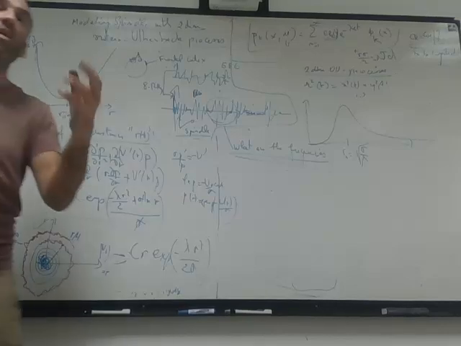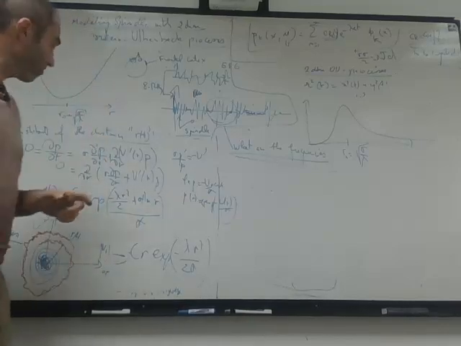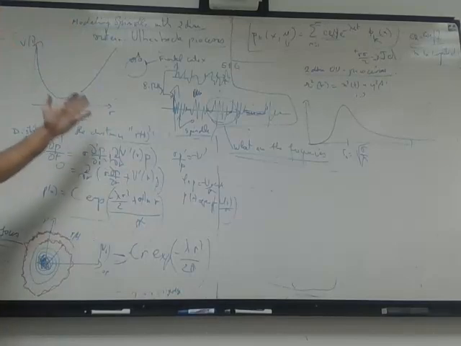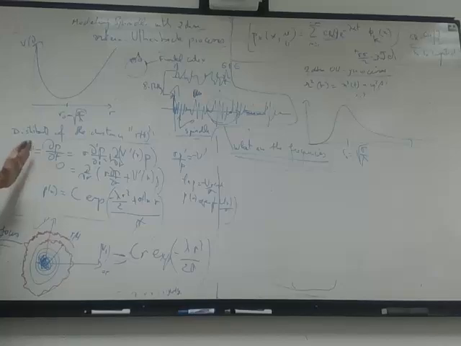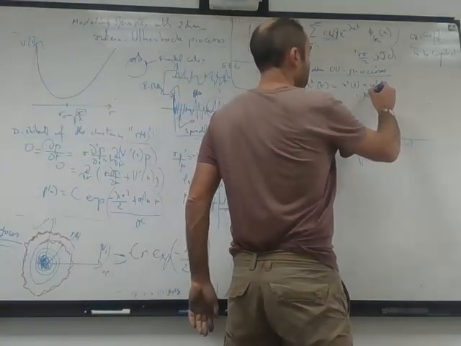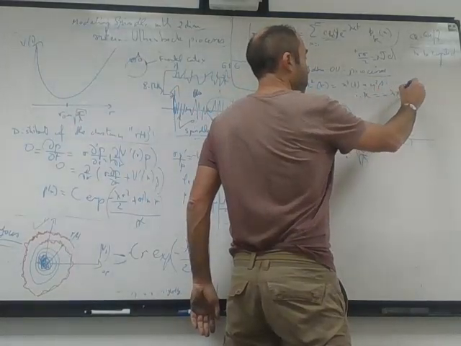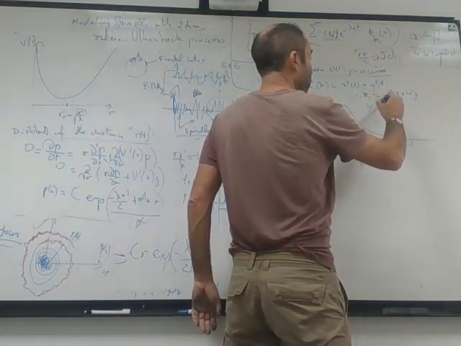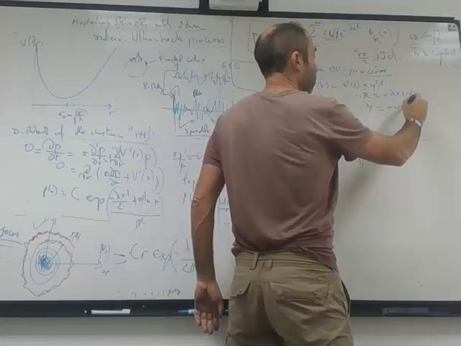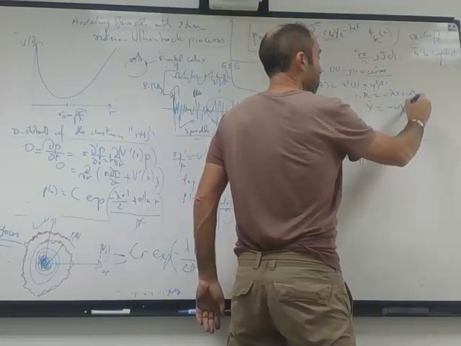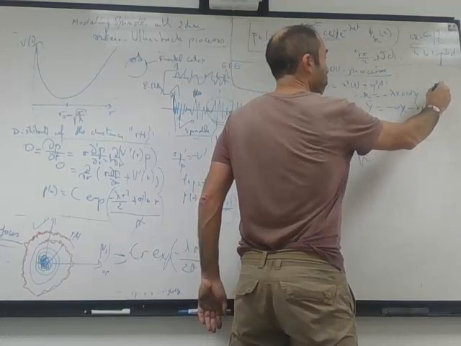What is your intuition telling you? Let's go back to the dynamical system that was just written here. It was written that x dot equals minus lambda x plus omega y. y dot equals minus omega x minus lambda y plus noise.